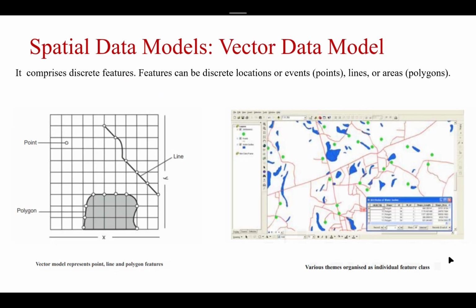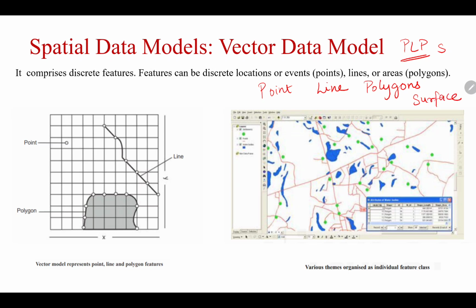Now in the spatial data model itself, we have vector data. To reiterate, vector data has points, lines and polygons. So it is PLP. Please remember PLP. It can also have an S at the end, PLPS. S stands for surface.